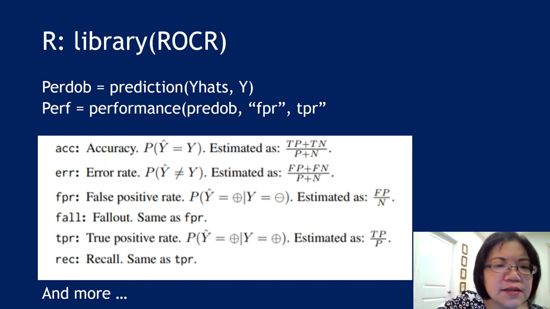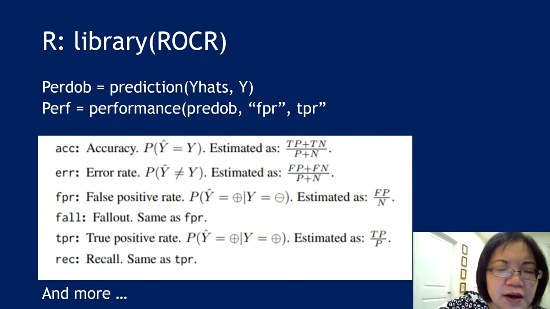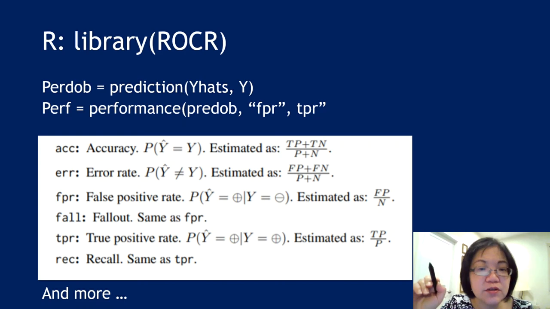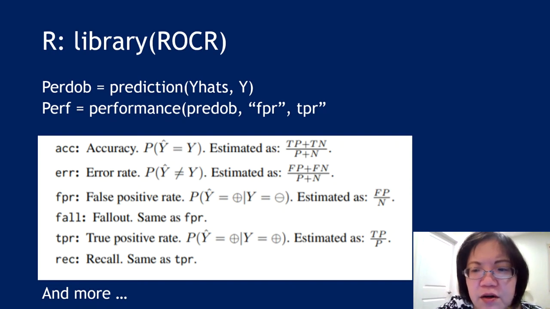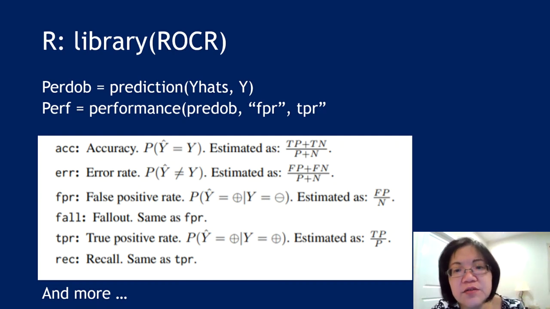Okay, so when you do that, you can actually specify how you want to construct the ROC curve. Now this is the X, this is the Y, so X is FPR, which means false positive rate. TPR is true positive rate. So that's basically how we constructed our ROC curve in the lecture. Okay, false positive versus true positive.